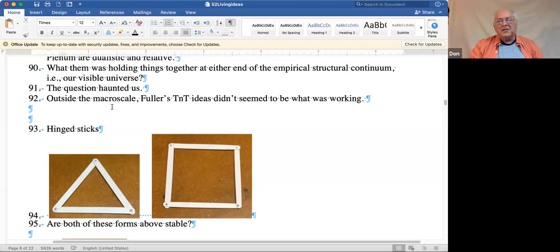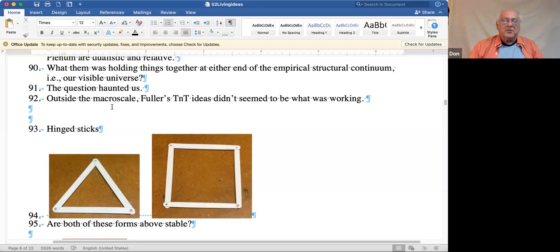So I've made presentations to learning groups at various universities around the country and in Europe. And the first thing I do is hold up these two forms and ask which is stable.